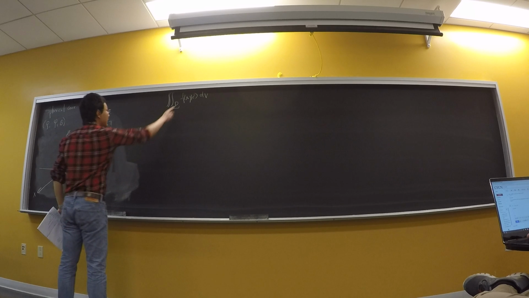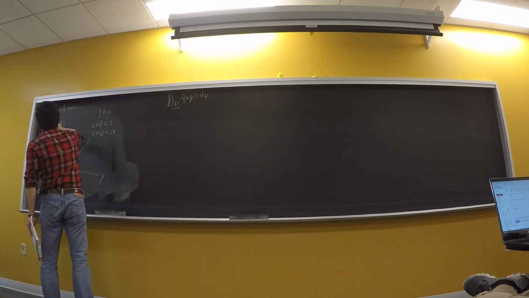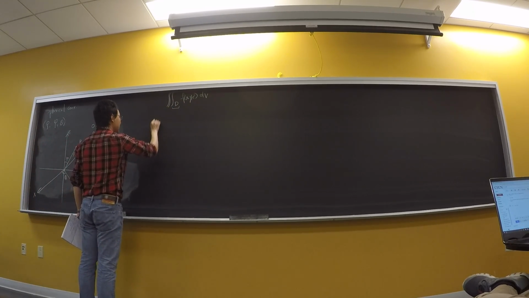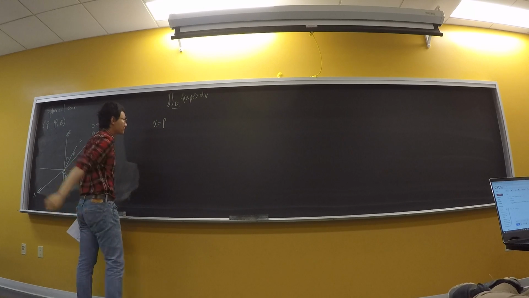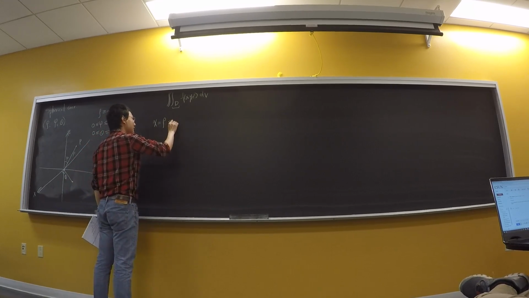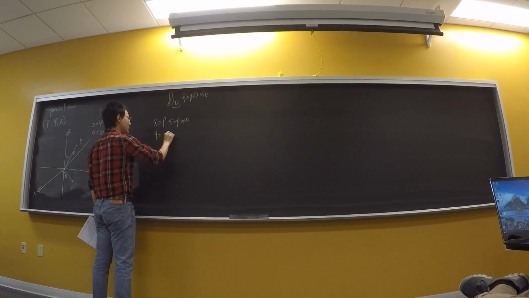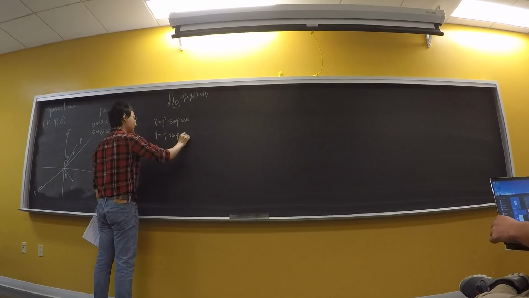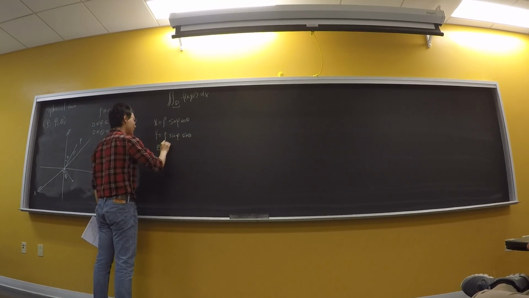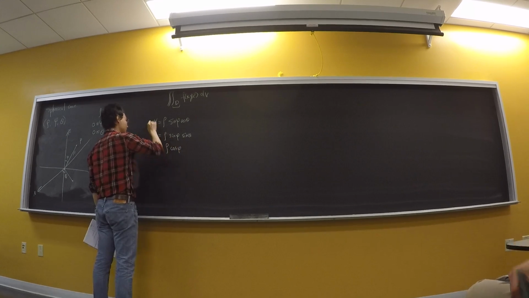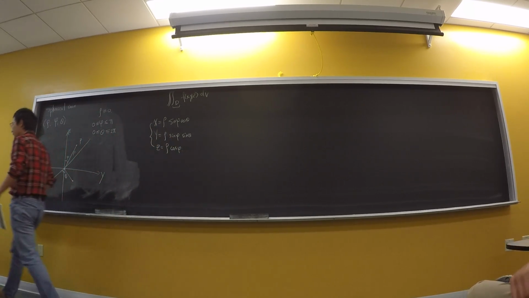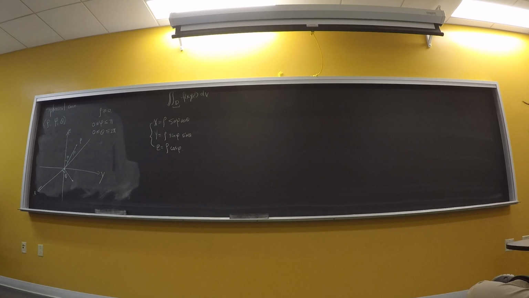The relation between x, y, z and rho, phi, and theta is: x is equal to rho sine phi cosine theta. y is equal to rho sine phi sine theta. And z is equal to rho cosine phi.